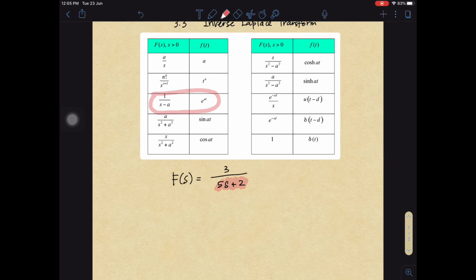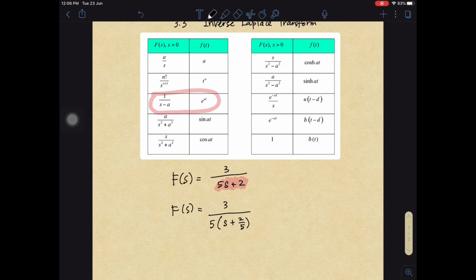But the thing that you need to remember is, first, your s coefficient must be equal to 1. So whenever it's not equal to 1, you need to factor it out. Okay, so you can write your function here as F(s) equal to 3 over 5. So here left only s, and here you need to divide by 5, therefore you will have 2 over 5 inside. Okay, that's the first one.